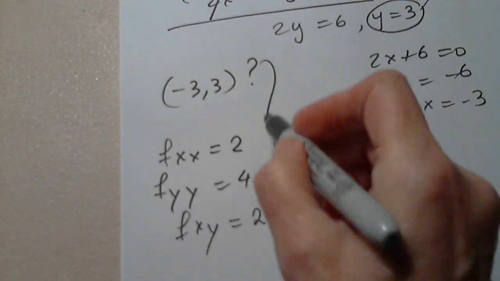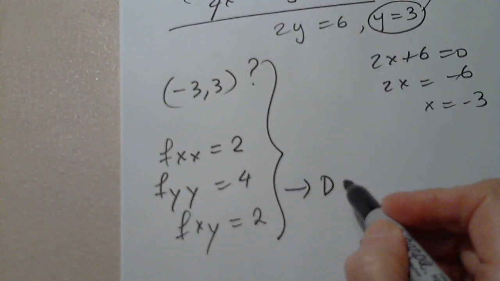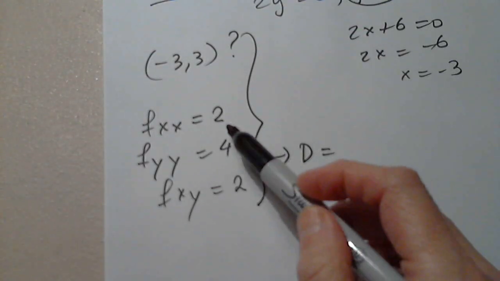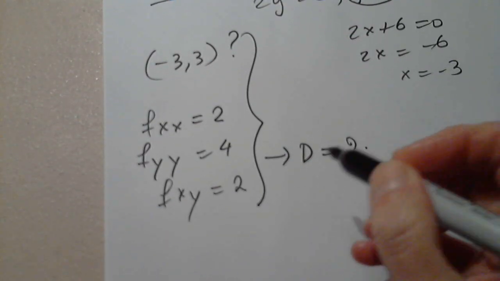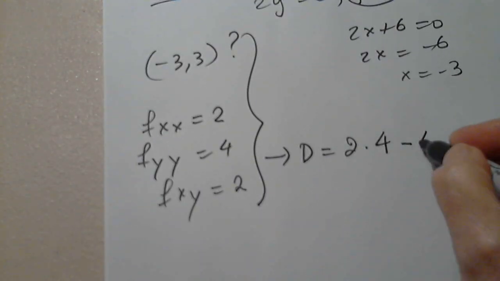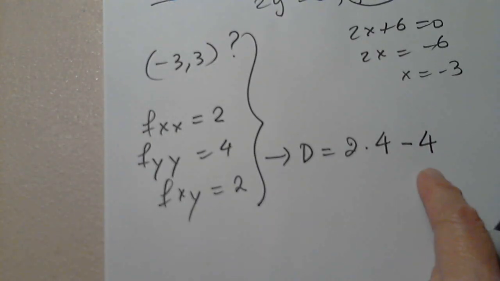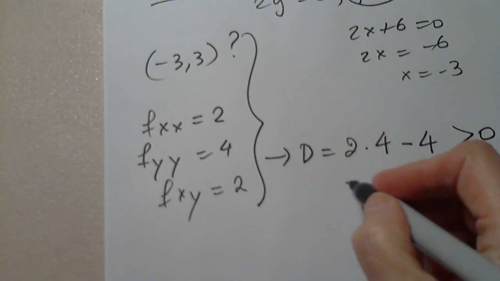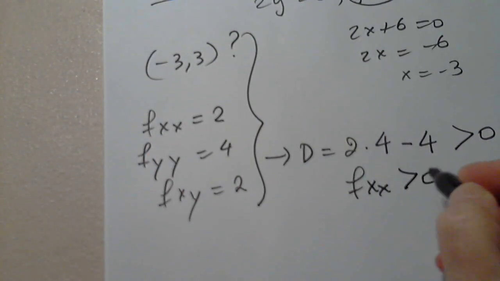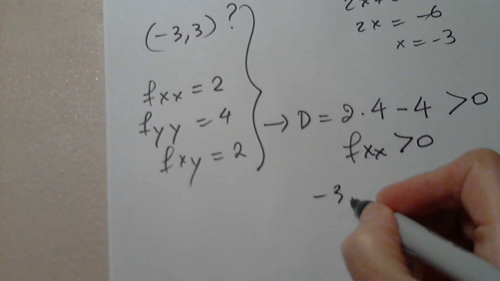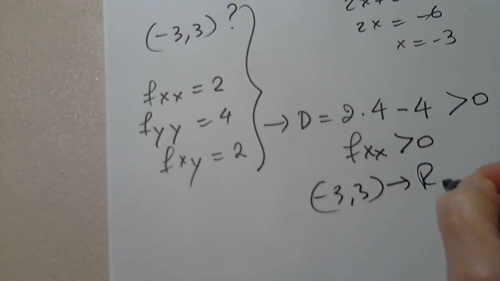So now the d for -3, 3 will be fxx times fyy minus fxy squared. So 8 minus 4, I don't care for the number. I know it's a positive number. I also know that fxx is also positive, which means that -3, 3 gives a relative min.